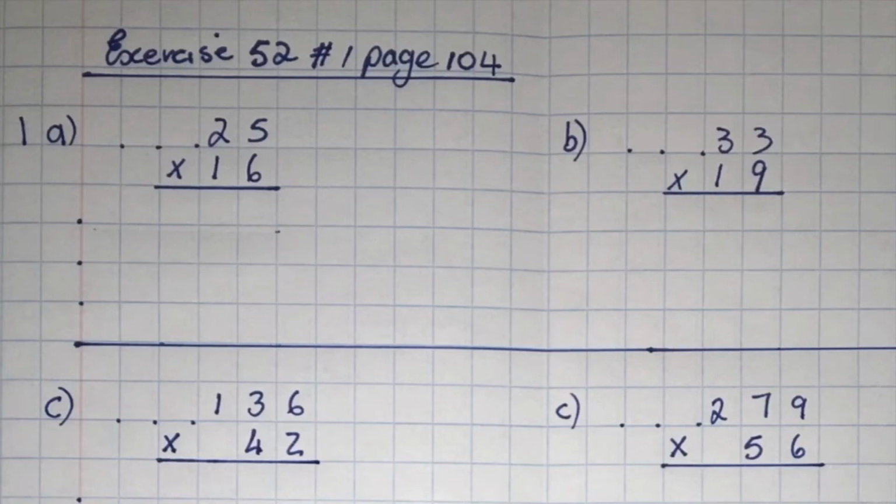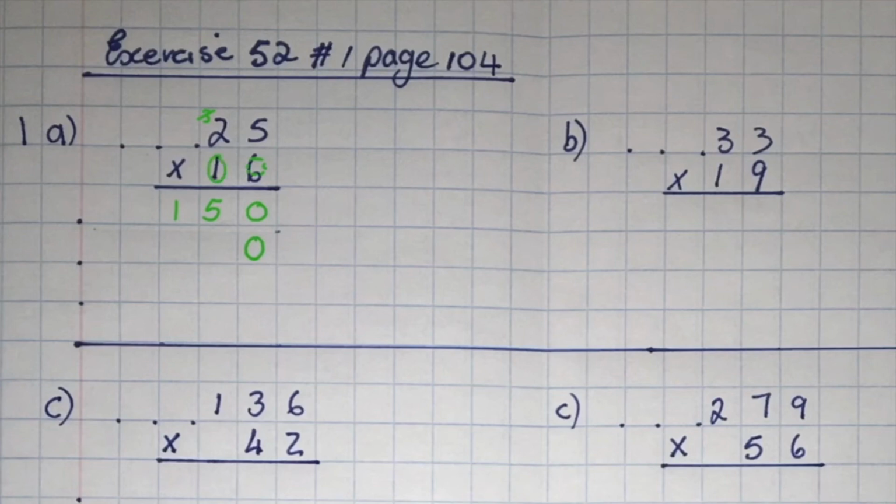6 times 5 is 30. Carry the 3. 6 times 2 is 12, plus 3 is 15. Cross out the carry. Remember there's a 0 underneath the 6.